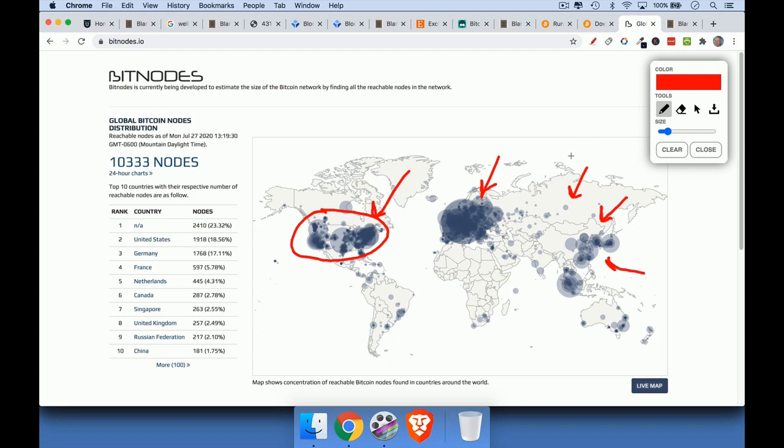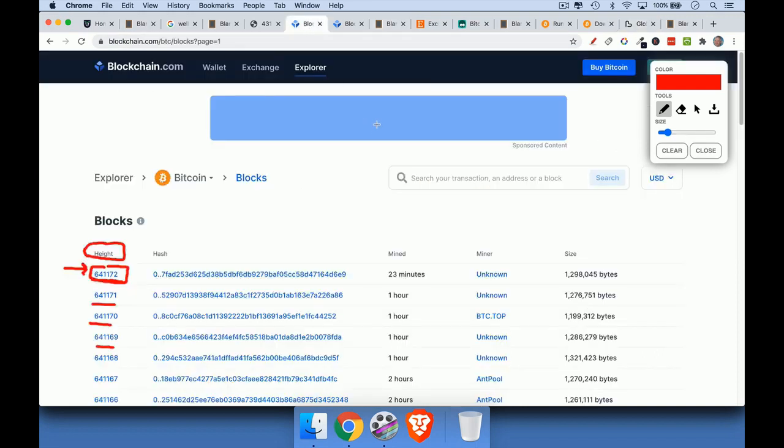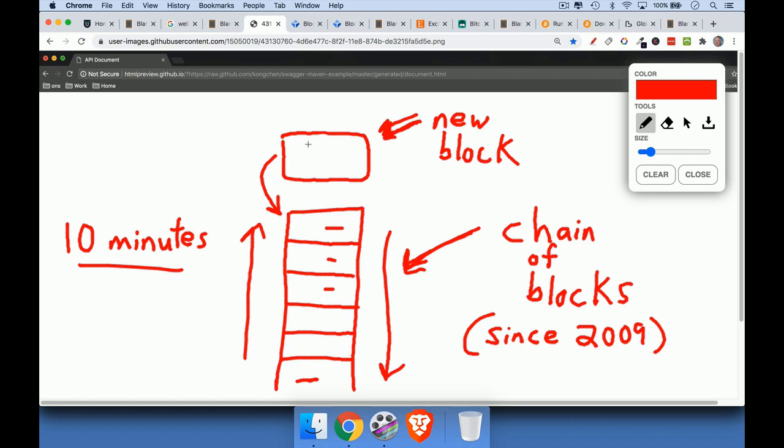It's basically all of these nodes talking to each other, connected up to the miners as well, who are constantly mining new blocks, packaging up transactions into a new block, adding them to the blockchain every 10 minutes roughly.